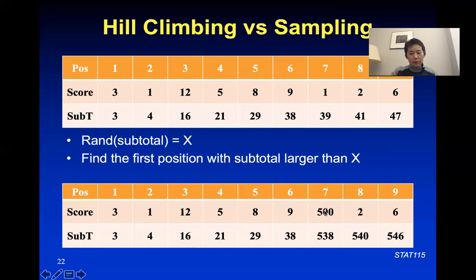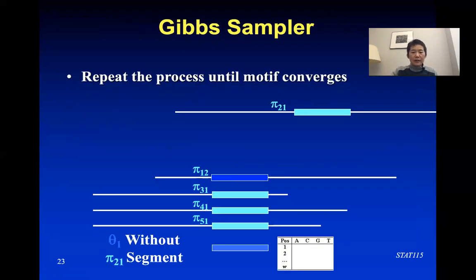It's only when you get something like 542 that you will stop at position 8, or position 9. And so most of the time we actually land here. And that's how sampling works.